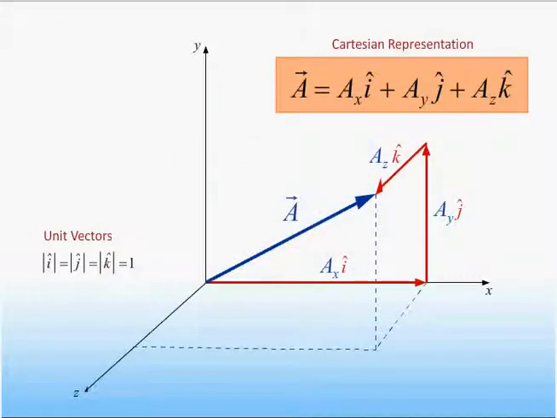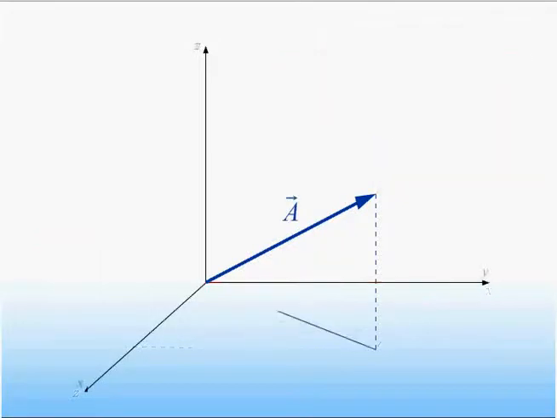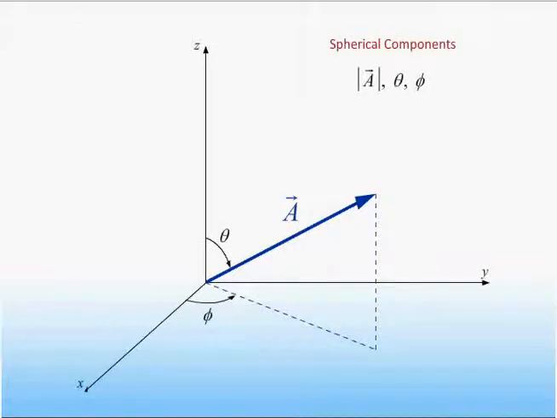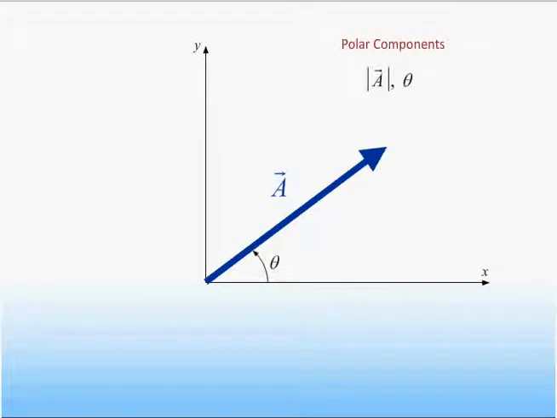The Cartesian component representation of a vector is a common representation, but it's certainly not the only one. For example, a vector can also be specified in spherical components, in which the length of the vector and the angles describing its orientation are used to specify the vector. In 2 dimensions, the orientation of a vector can be specified by the angle theta it makes with the x-axis, as shown.